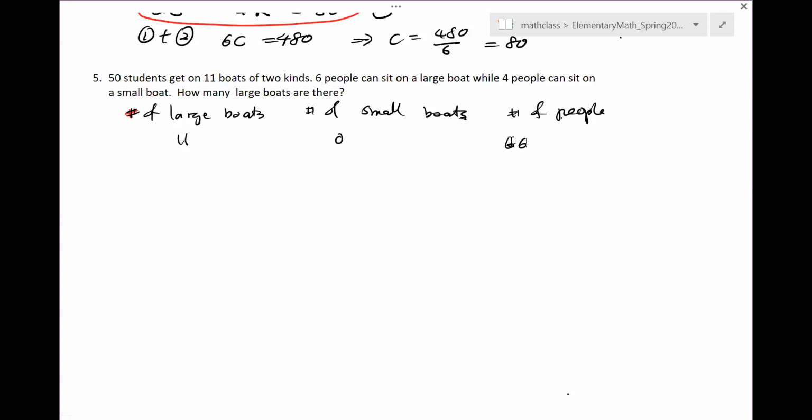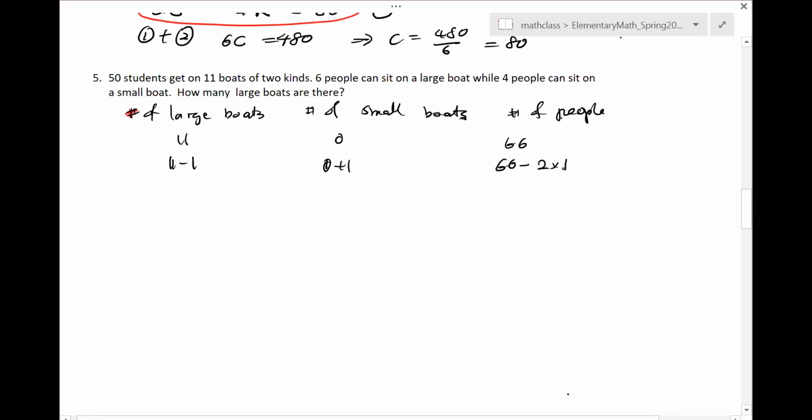So if you decrease the number of large boats, you increase the number of small boats, right? The number will be changed. So 6 to 4, the net change will be 2.